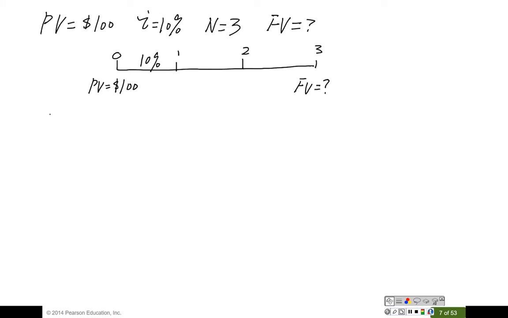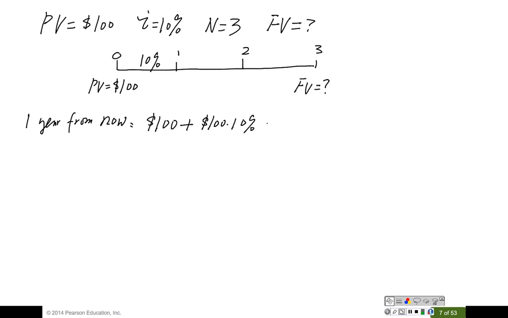In order to calculate this, let's break down the procedures. First, we can calculate how much you are going to have after 1 year. So 1 year from now, the amount of money in your account will be 100, your principal, plus the interest you earn.